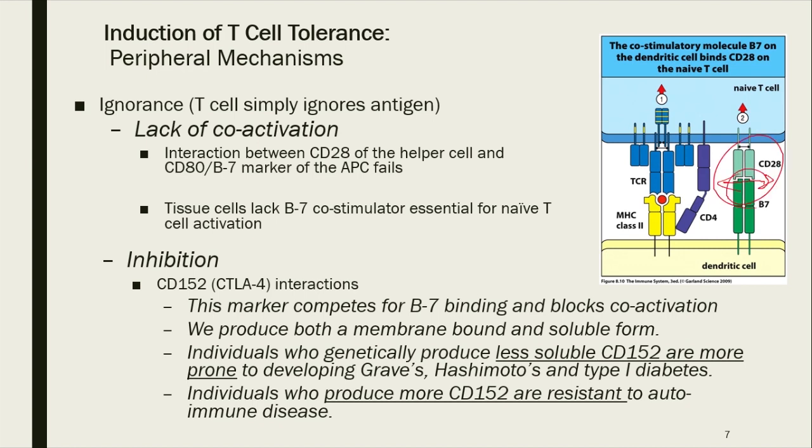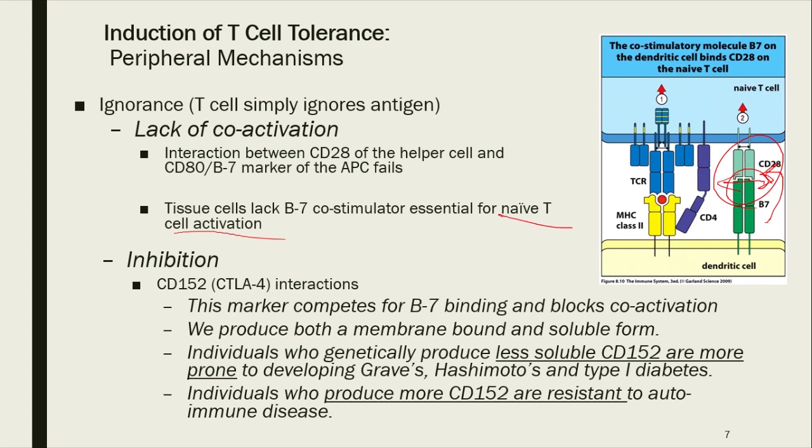Some tissue cells lack the B7 co-stimulators, and therefore you are not able to provide stimulation for naive T cell activation. So you're not giving them another touching point, you're not touching, so you're not activating them. That is one way to induce ignorance.